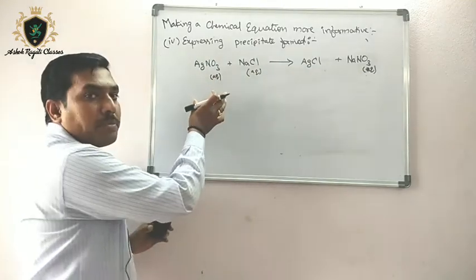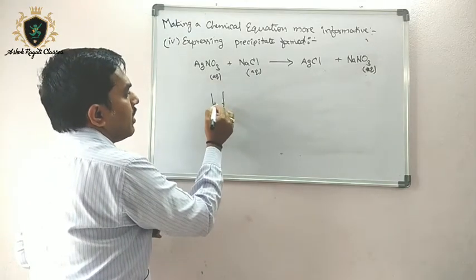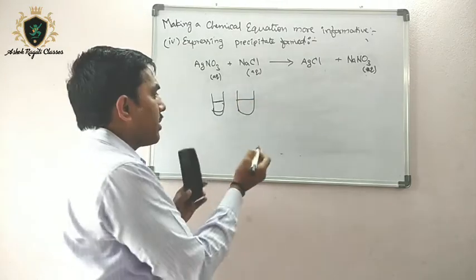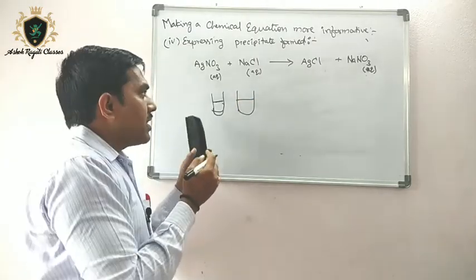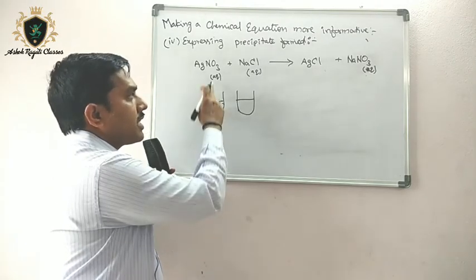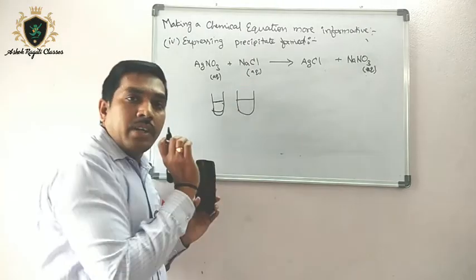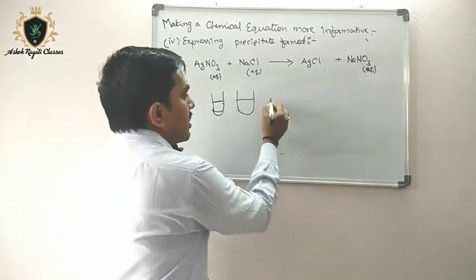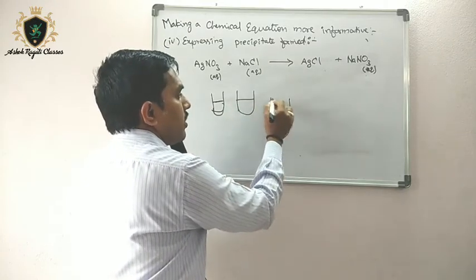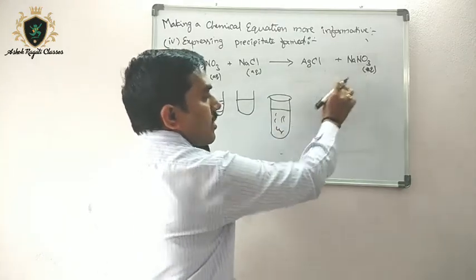Here we prepare an aqueous solution of AgNO3 separately, and NaCl is also prepared separately. That means AgNO3 is dissolved in water, an aqueous solution, and NaCl is dissolved in water, an aqueous solution of NaCl. After mixing, these two solutions are poured into a test tube, which will contain the two products.